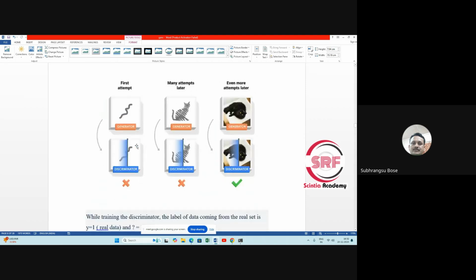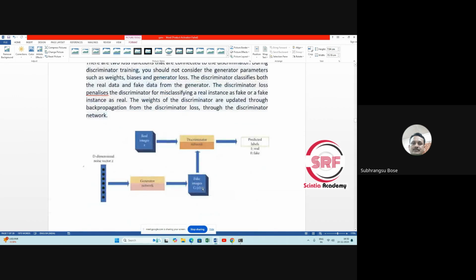The generator loss is when the generator creates an image, fake image means 0, real image means 1, and the discriminator analyzes it and predicts it is 0. But for the generator, that fake image is basically 1, and for the discriminator, it is 0, basically fake. That's why the 1 and 0 create the loss of the generator network.